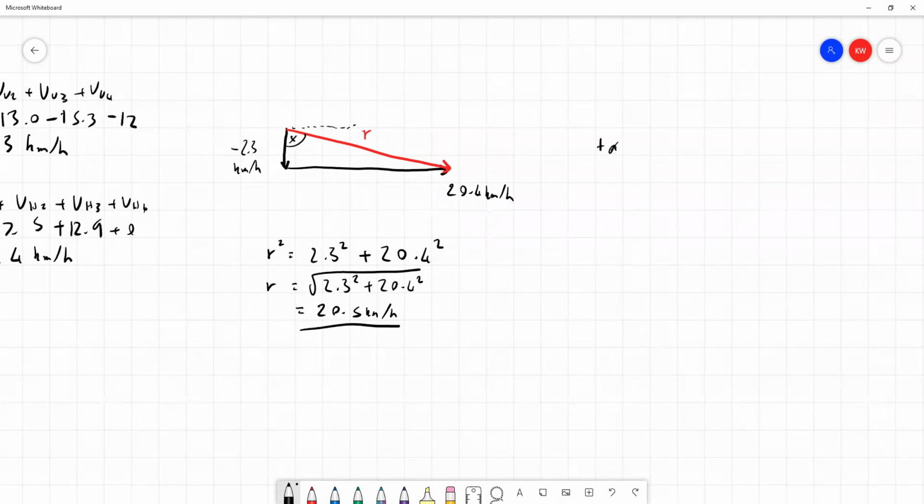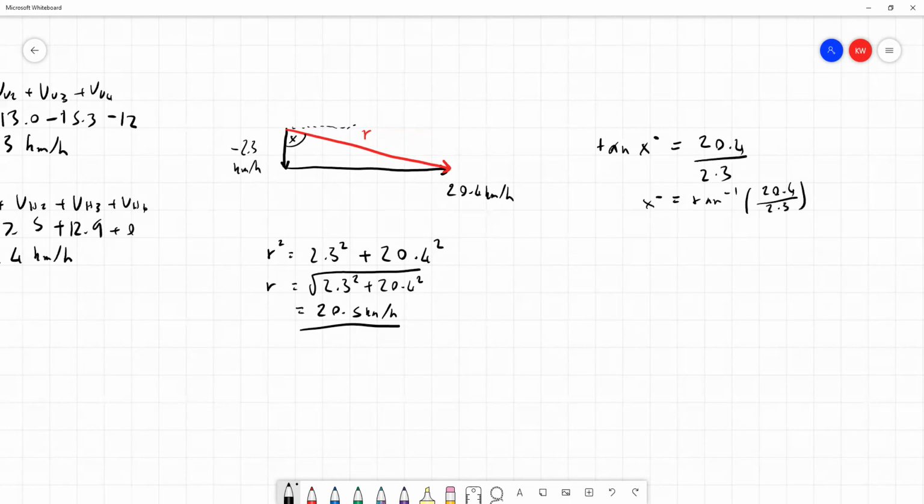So tan of x, because we have the length of the two sides we worked out in the previous part, which are opposite and adjacent to this. Opposite this angle is our horizontal component, and adjacent to it is our vertical component. That means that x degrees is equal to inverse tan of 20.4 divided by 2.3.